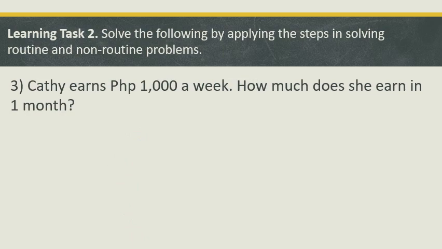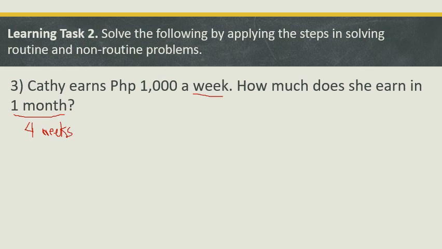Okay, so number 3, Cathy earns 1,000 pesos a week. How much does she earn in 1 month? Ito ay may 1,000 daw siyang kinikita kada isang linggo. Ngayon, ilang linggo ang isang buwan? Ito po ay mayroong 4 weeks. So, may 4 weeks po ang isang buwan.